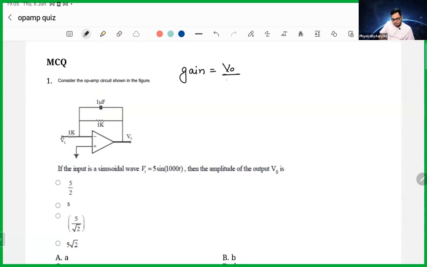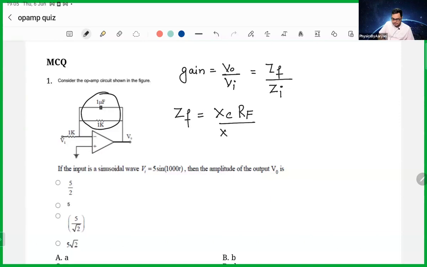V output by V input, and V output by V input is given by the impedance of the feedback divided by the impedance of the input. In feedback, you have two elements connected in parallel. So the impedance of feedback is given by XC into R feedback divided by XC plus R feedback, because whenever two things are connected in parallel, their net resistance is written like this.